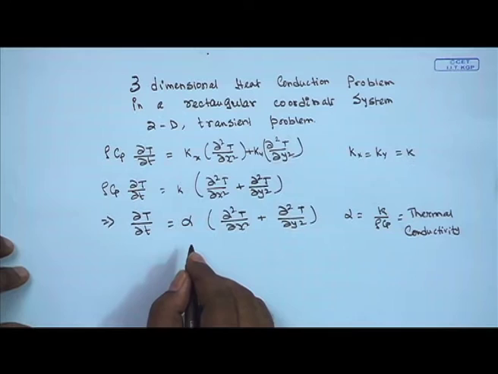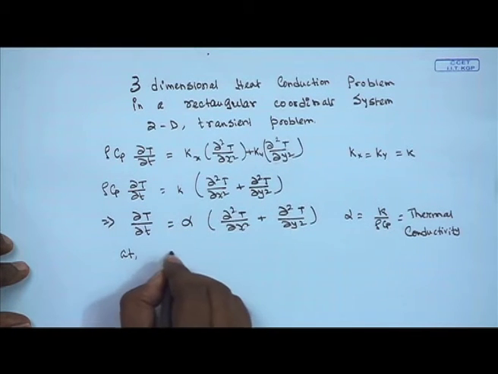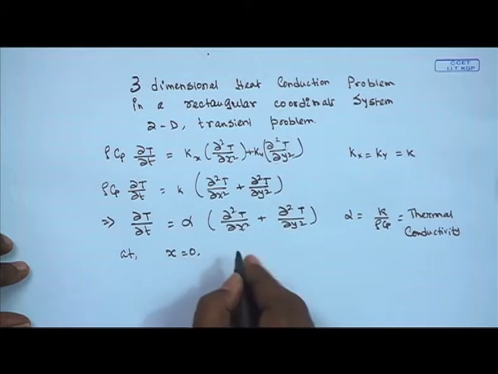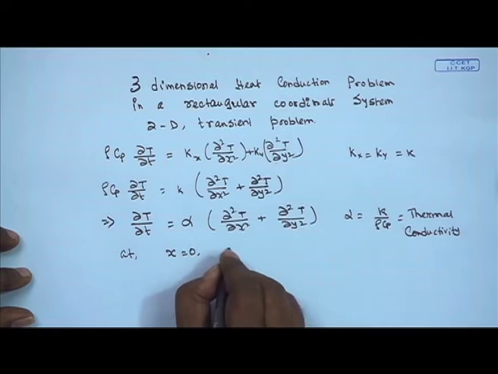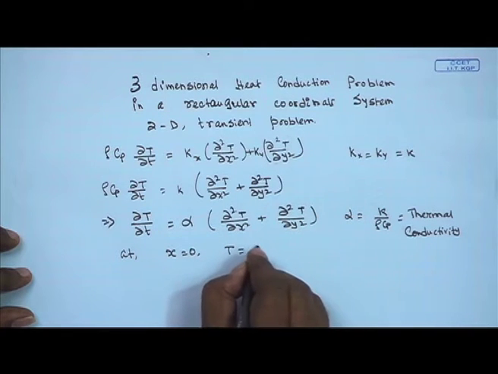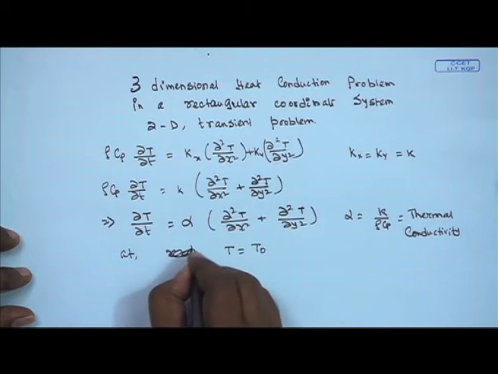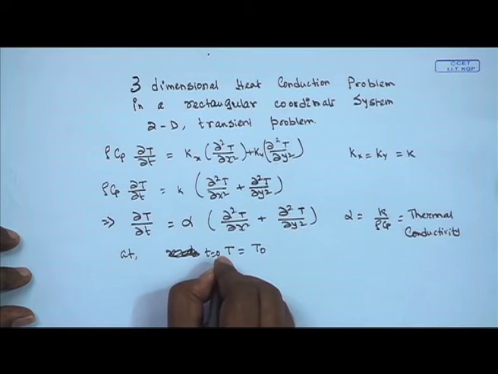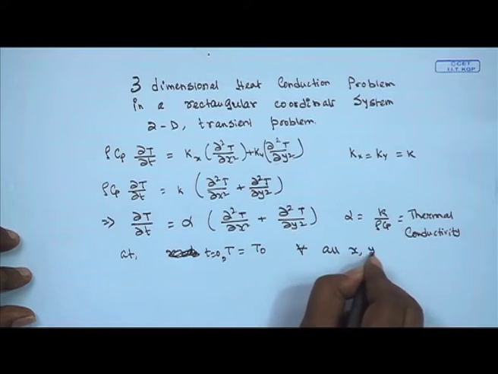Okay. Now, let us put the boundary conditions. Let us have the Dirichlet boundary conditions for all the directions. So, initially at t is equal to 0, T is equal to T naught for all x and y.